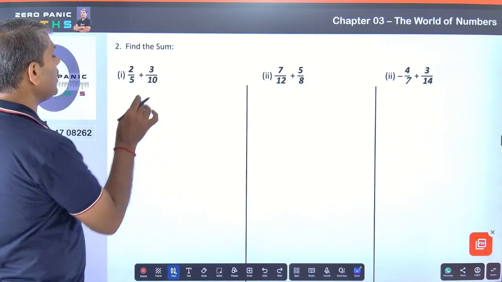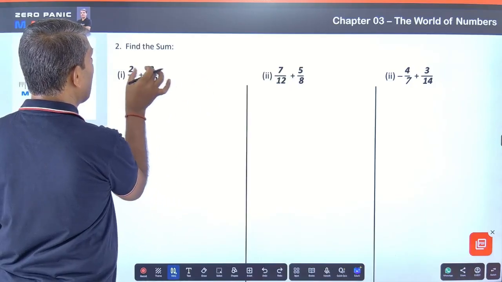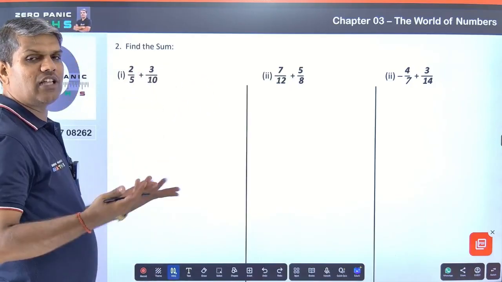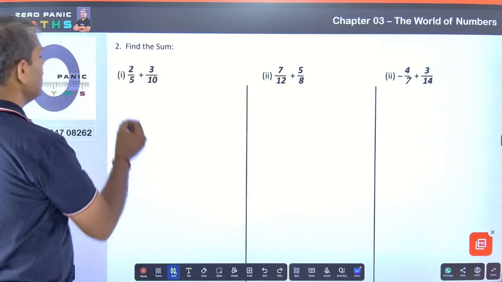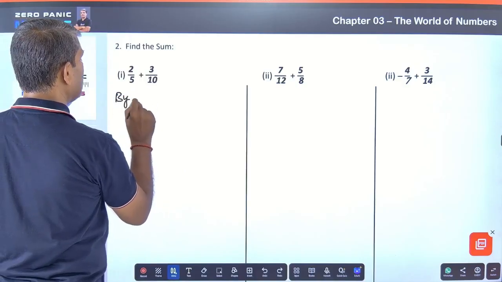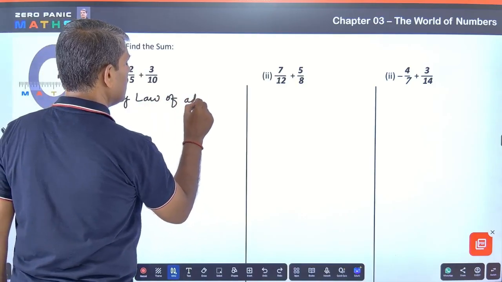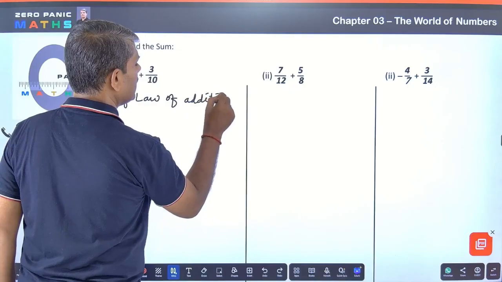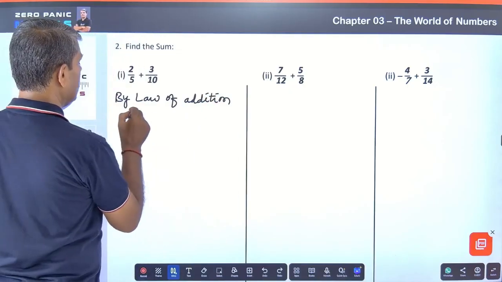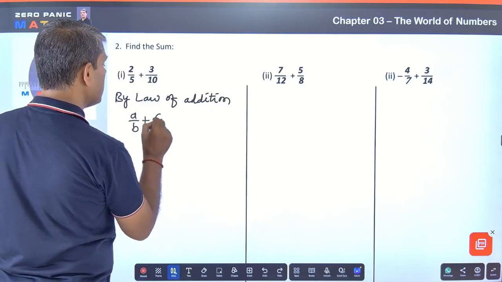When the denominators are made equal, you can keep a common denominator and add both the numerators, and that will give you the final result. So let me write, by the law of addition, A by B plus C by B only.